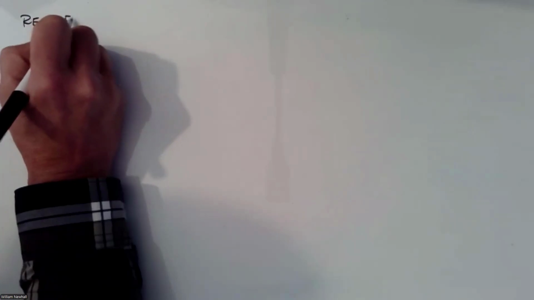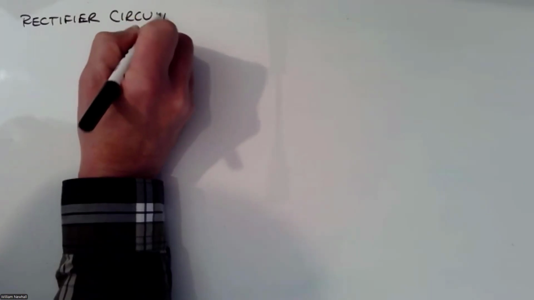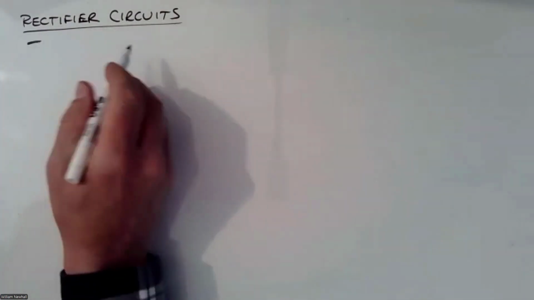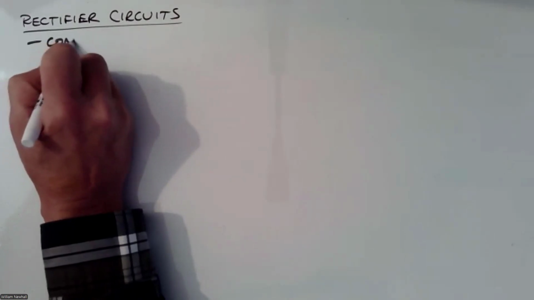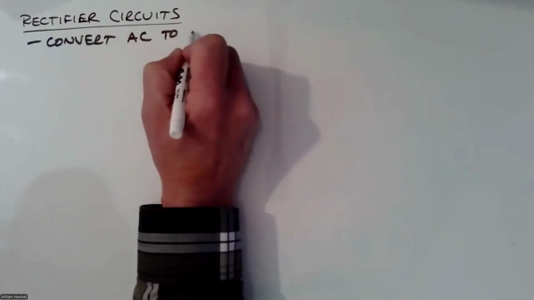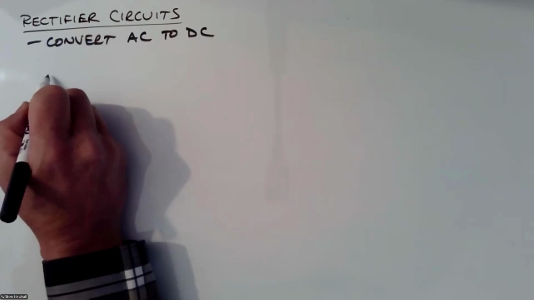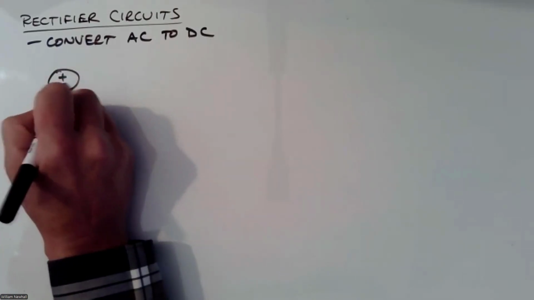These circuits are called rectifier circuits. Rectifier circuits generally convert AC to DC. What that means is you have an AC source.